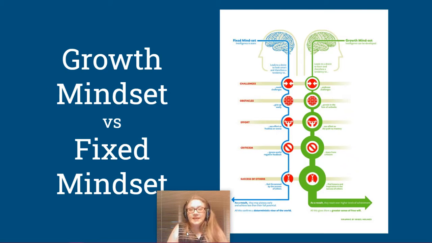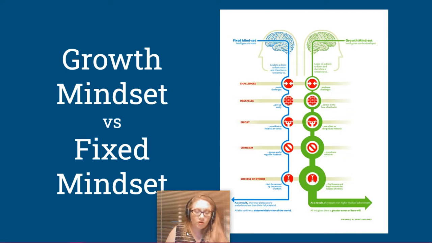A growth mindset is the ability to look at a situation and take it as an opportunity, while a fixed mindset thinks of something in a more negative view. I'm going to go over a couple of examples, and you can see this when you look at this photo.